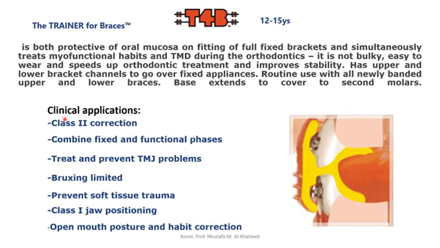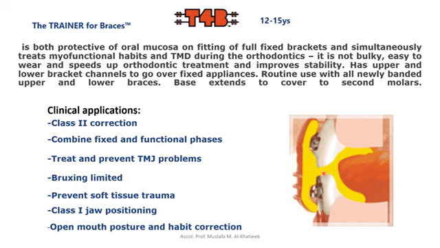The other type of trainer is the trainer for braces, which is used at age 12 to 14 years old. It is protective of oral mucosa on fitting of full fixed brackets and also treats myofunctional habits and TMJ or temporomandibular disorders during orthodontics.